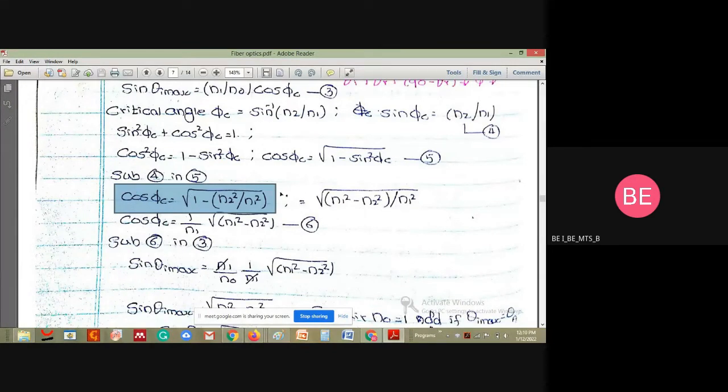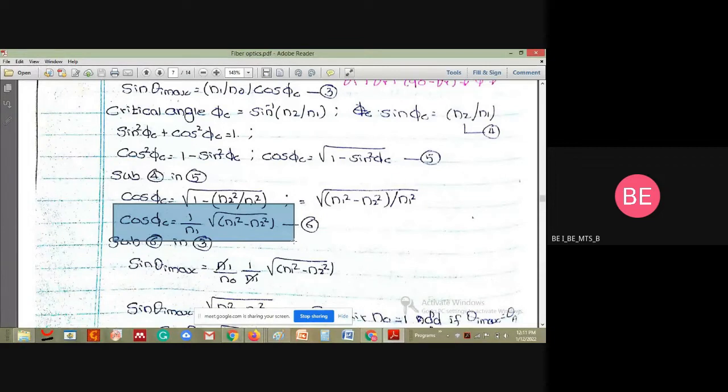Already we have a root here. If n1 square is taken out of the root, we have 1 by n1. So cos phi c is equal to 1 by n1 into root of n1 square minus n2 square.